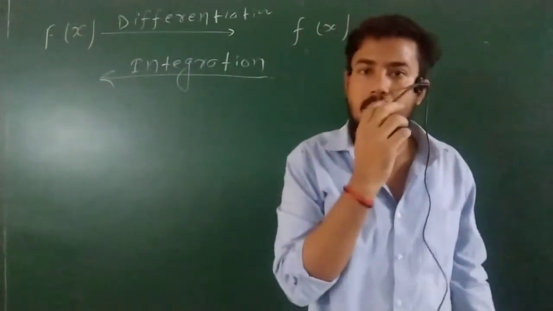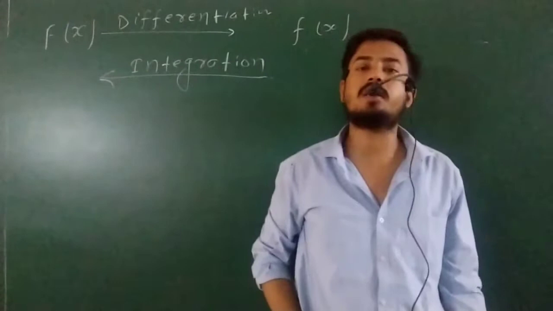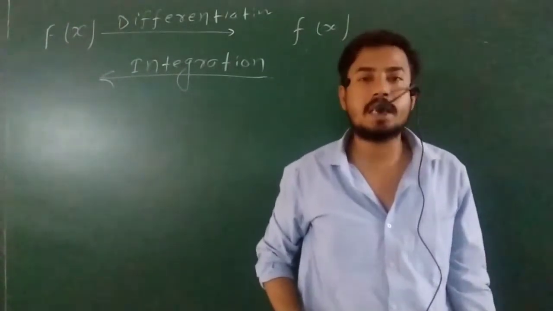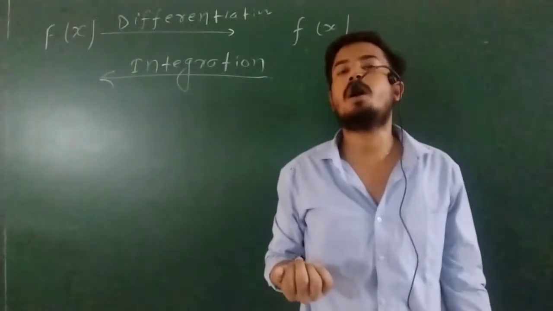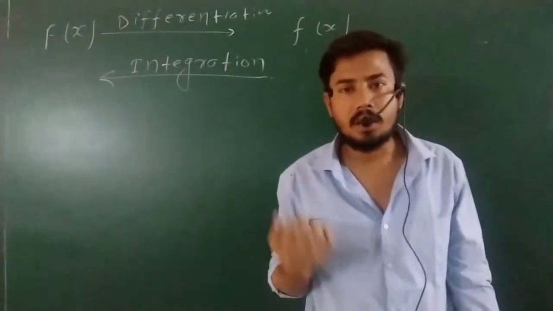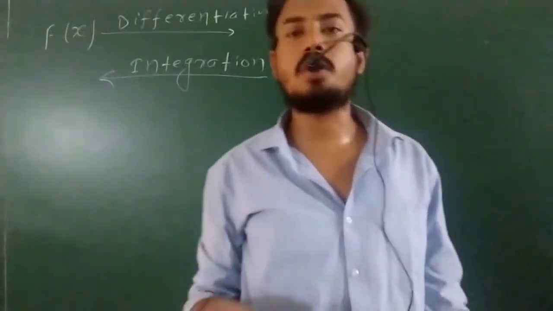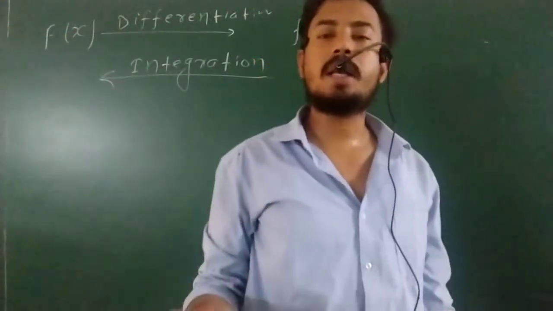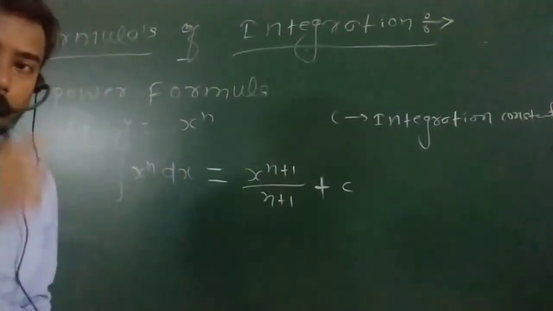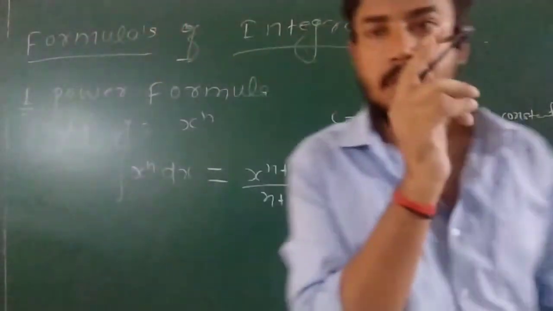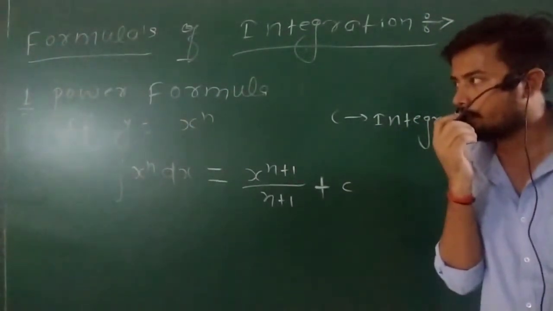So I think you got everything: the meaning of differentiation, and the relation between integration and differentiation. Now we are going to discuss the formulas of integration. Then we can use other quantities like types of integration, numericals and all these things. First of all, the first formula is called the power formula.